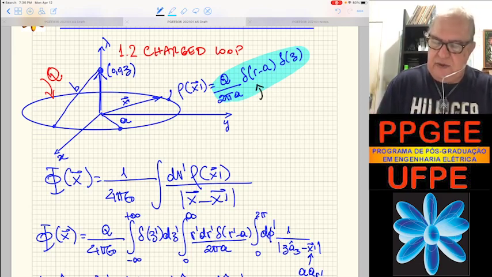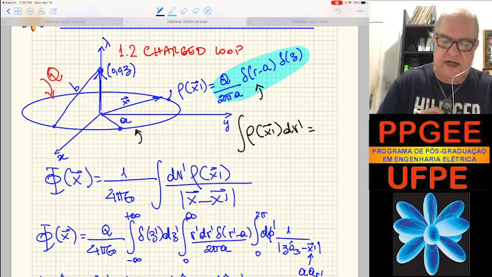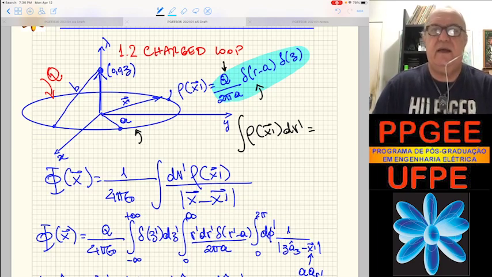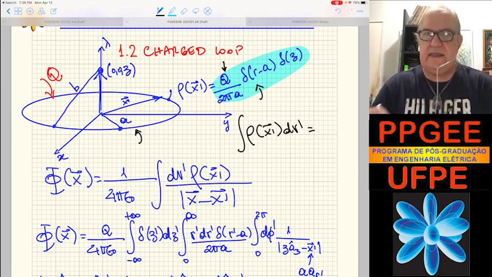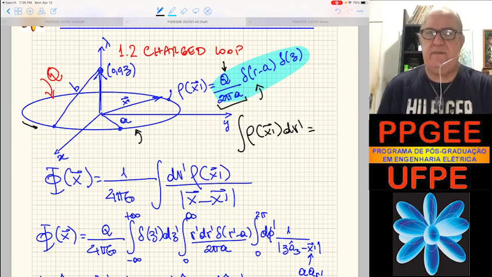So I want to make sure that that integral of rho of x prime dv prime equals the charge of this charged line. Let's assume that this charge Q is uniformly distributed over this loop of perimeter 2 pi a, the total length of the circumference.